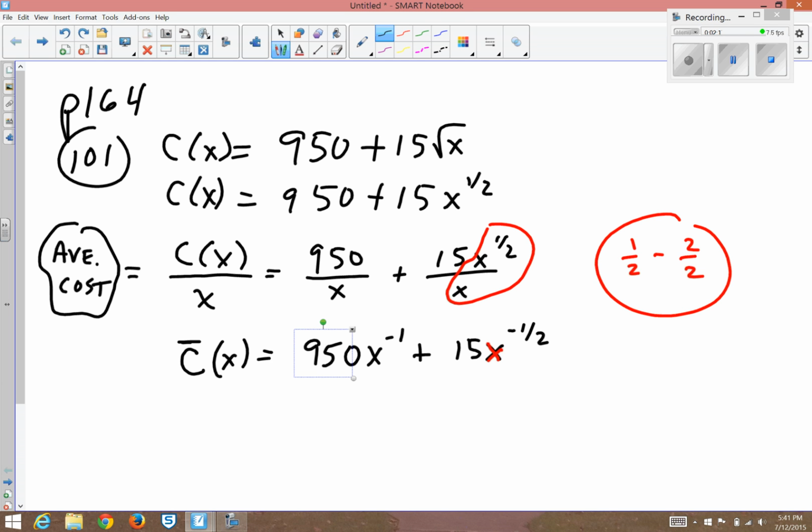When the question says find the rate at which the average cost is changing, that means the derivative of the average cost. The rate at which something is changing is the derivative.